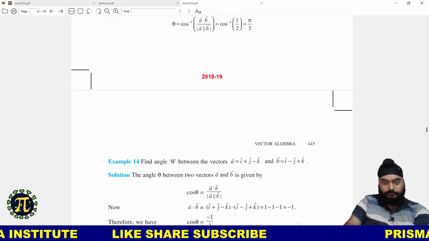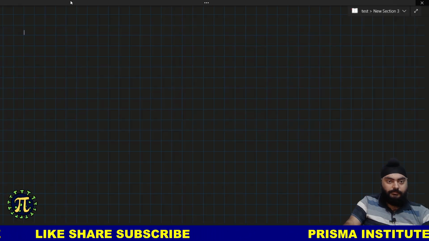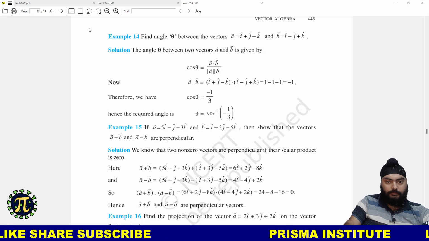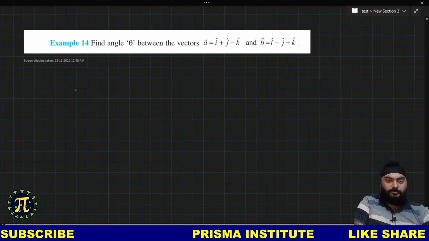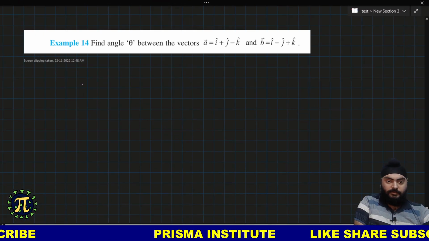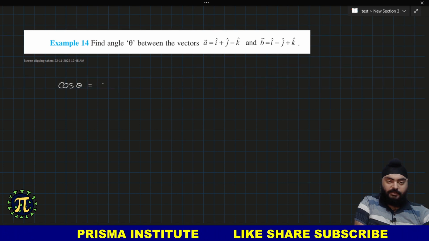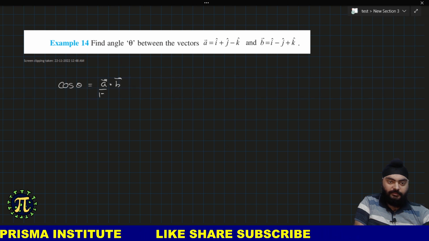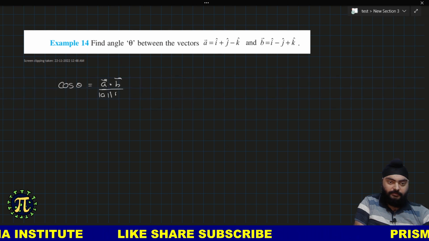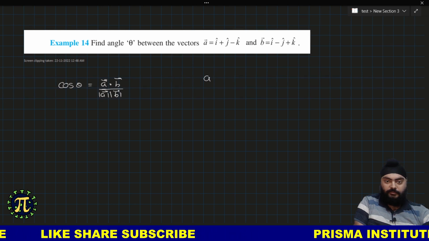So let's see example 14. Find the angle between these two vectors. What is the definition of cos theta? It is a vector dot b vector divided by the length of A and the length of B. Let's find the length of A first.